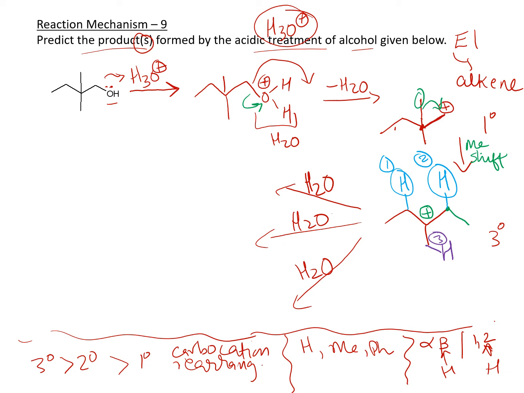Let's go ahead and do our eliminations for hydrogen number 1 and 2. Here is hydrogen 1. This goes down here, and so our product is going to be this. Then I'll do the next one. Here there is going to be a big arrow coming down, and this goes down here.